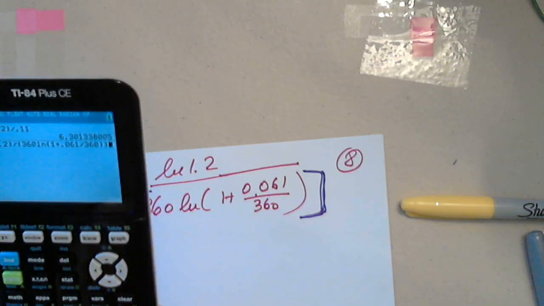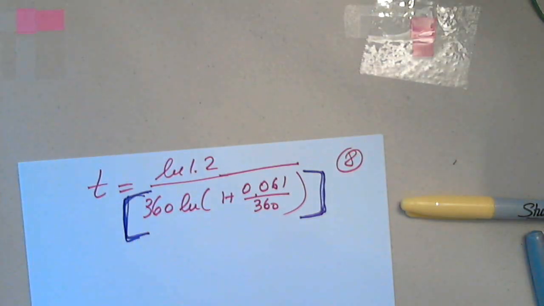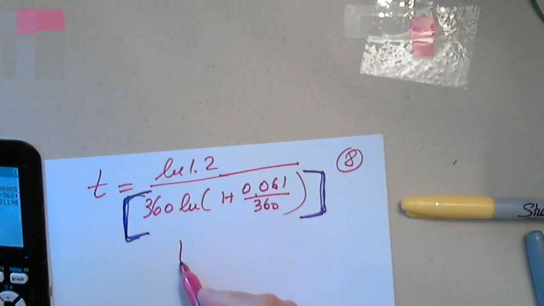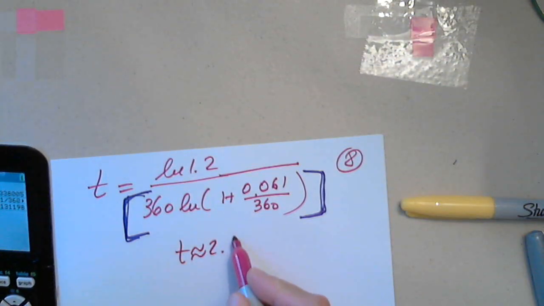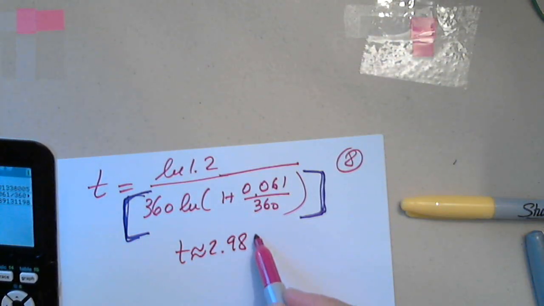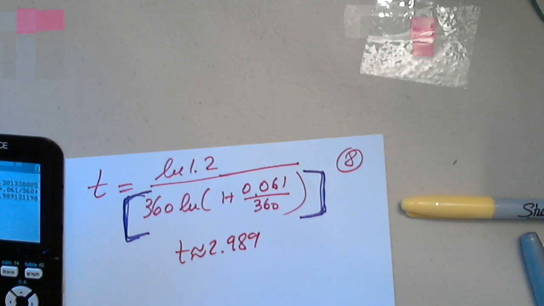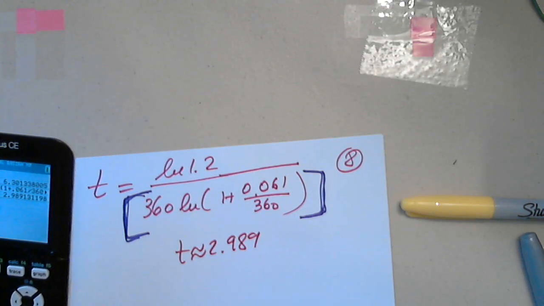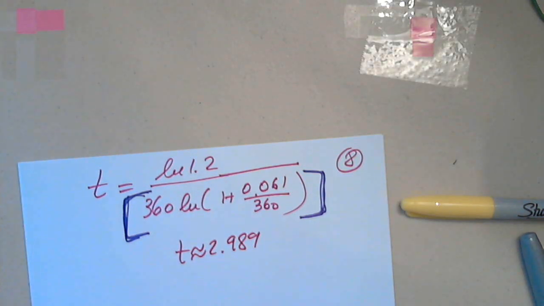Good. So be careful with that. So press enter. So we have 2.989. Measurement unit for this: years. To be exact, roughly 3 years.